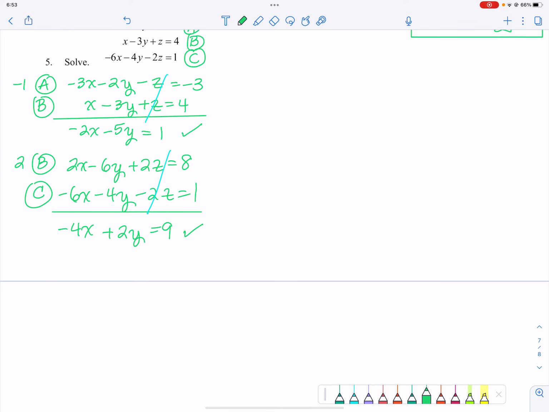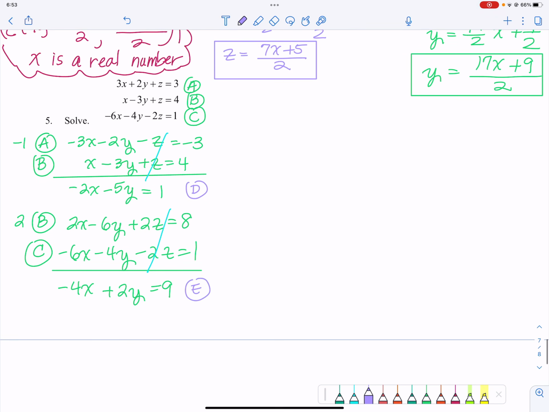So we want to use both of these equations. Sometimes you could actually call them a different name. We could call this equation D and E. And let's go ahead and look at D and E. If we want to eliminate a variable, we could eliminate either one of them.